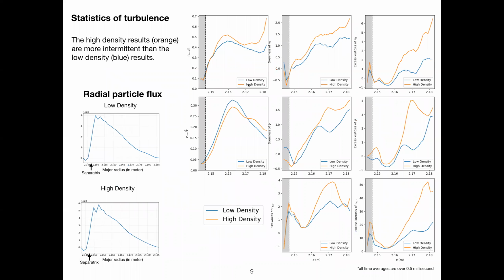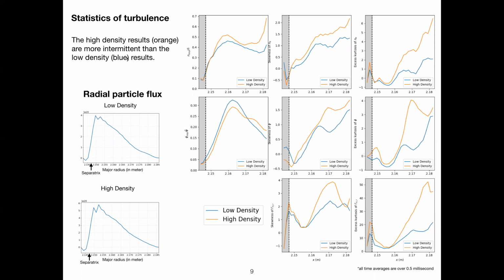Statistics of turbulence, you can see the high density runs, which I mentioned earlier. So these are actually the high density, high power runs. They have more density fluctuation, more skewness in the density, and more kurtosis in the density. In fact, in the potential also, they have higher skewness and kurtosis in the fluxes.